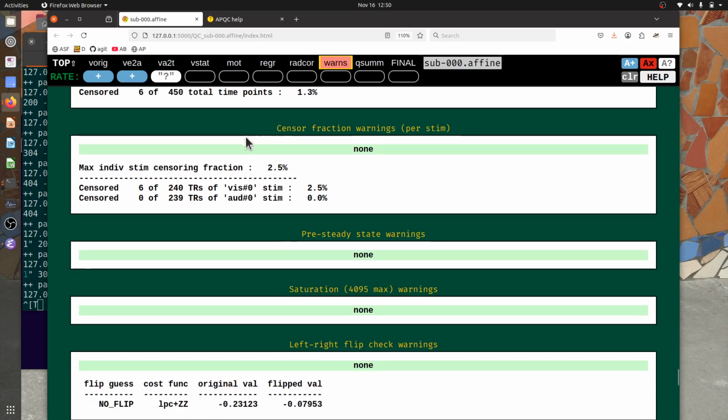When we have task data in particular, we can check for another fraction of how much motion occurred. We can look at, during the amount of time where an idealized response for a particular stimulus was non-zero, how much motion was happening during that stimulus.